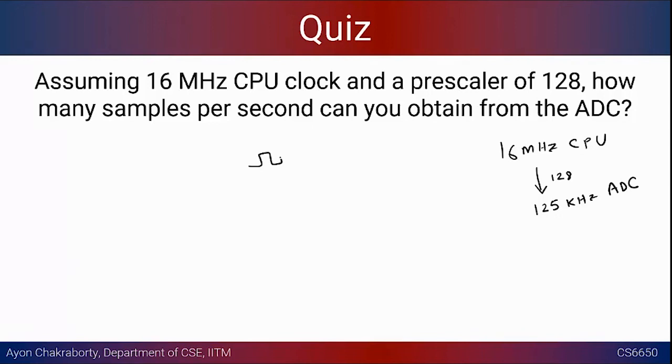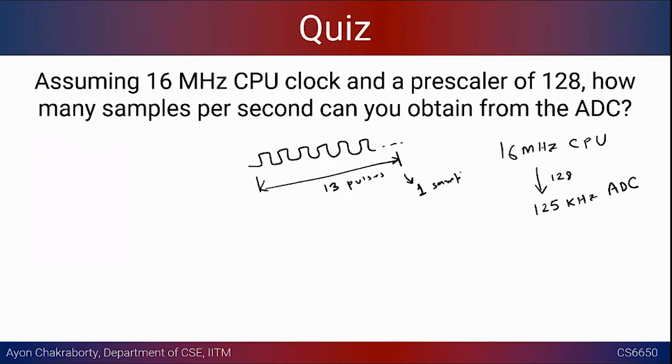So one stream of these 13 clocks is going to give you one converted sample. 13 pulses, or 13 clock cycles, is going to give you one sample.